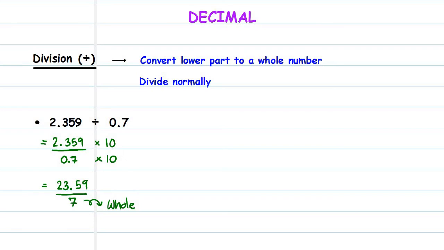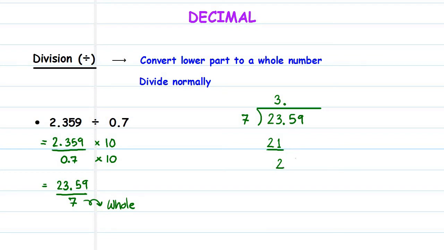The next step is to divide them normally. Here we have 23.59 divided by 7, and put a decimal point over here to line up with 23.59. Now we will get 3. 7 times 3 gonna give us 21. And 23 minus 21 gonna give us 2.